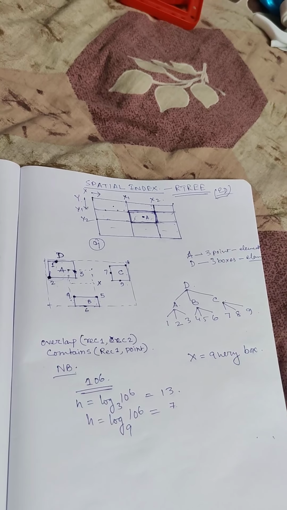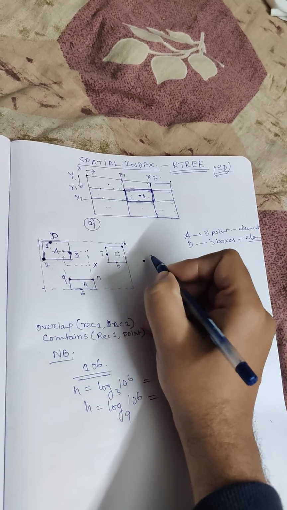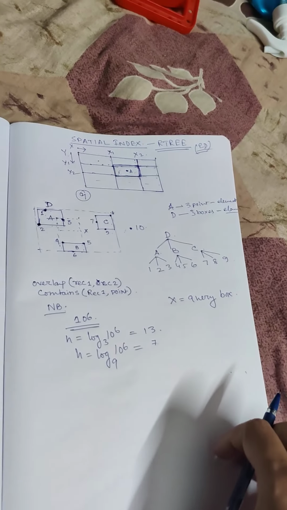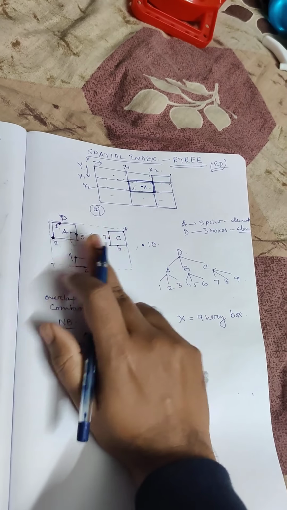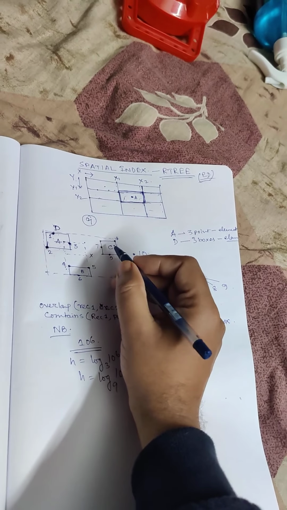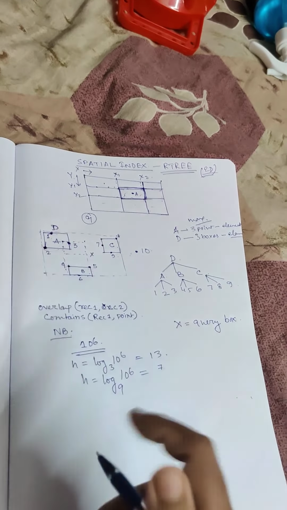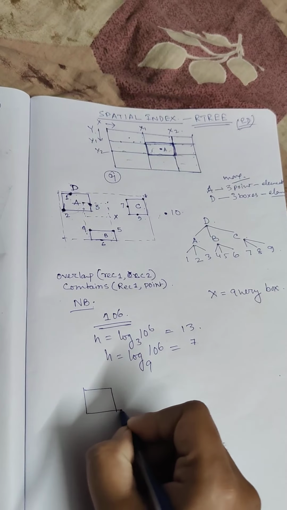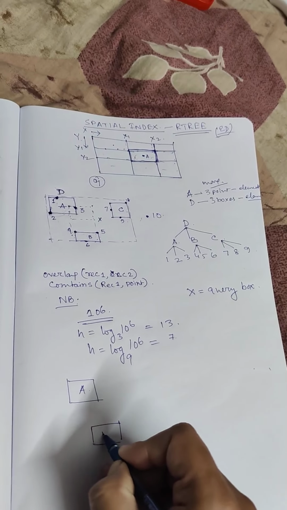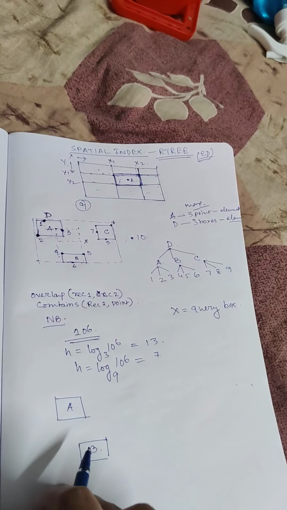Now the question is, if you are trying to do some insertion, and a new point comes in, that is point number 10, how will you incorporate it? Try to understand it. You already have 3 items within this rectangle and you want to add something. At most you can keep 3 children, so you have to split. This is my A, and this is my B. B doesn't change because it already has 1, 2, 3 and 4, 5, 6.